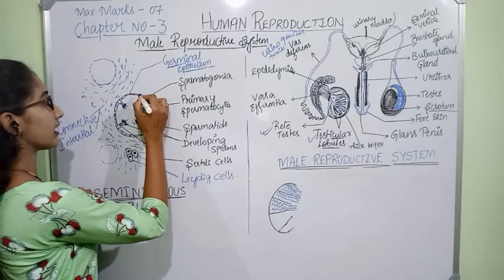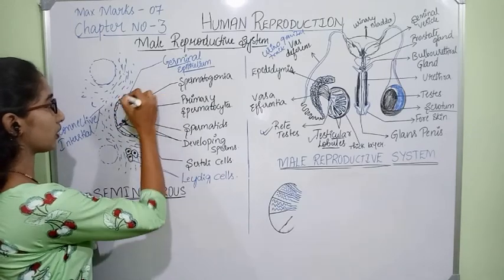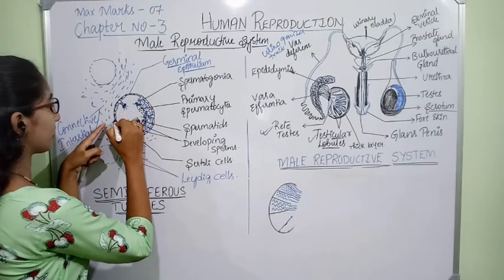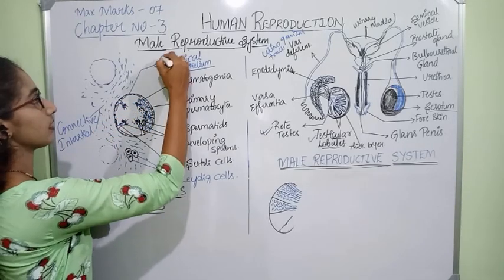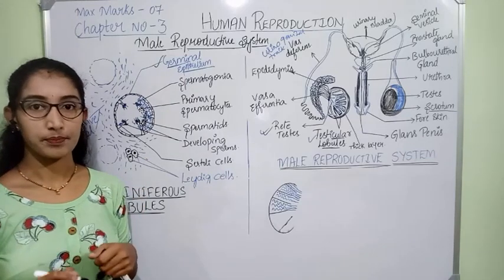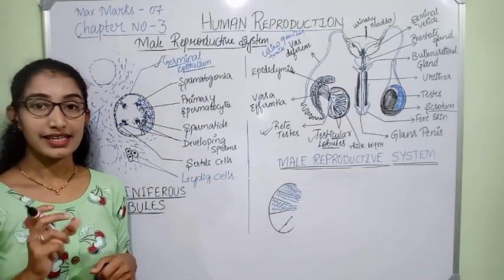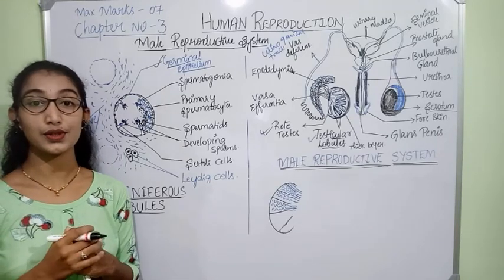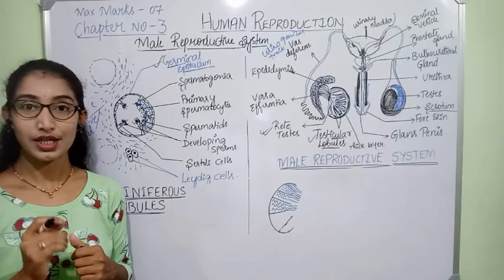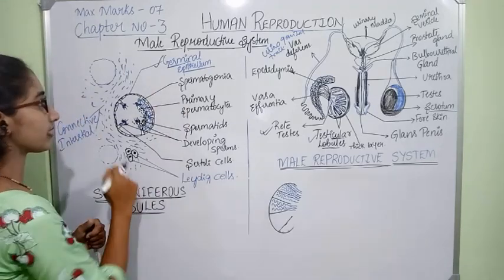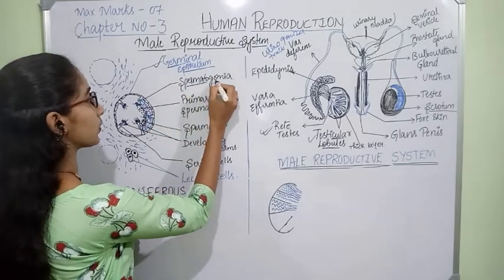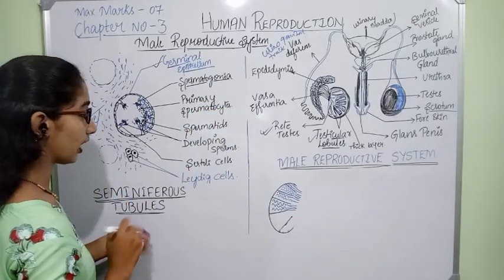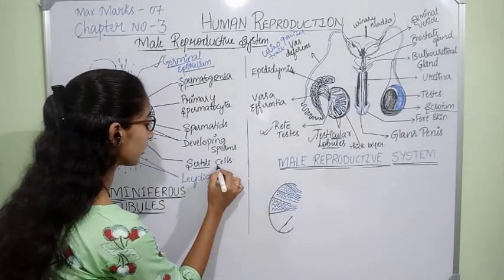When we take the sectional view, the outermost lining is made up of germinal epithelium, and the germinal epithelium cells are differentiated into 2 different cells. Which are those 2 different cells? One is spermatogonia and the other one is Sertoli cells.